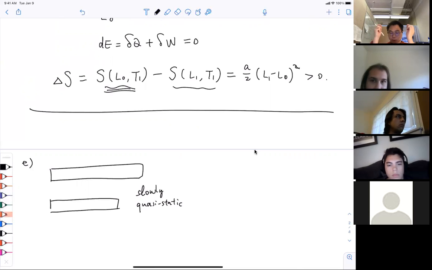Now you have a force holding this rubber band while it's shrinking, so the external work is non-zero. That's what you need to calculate.